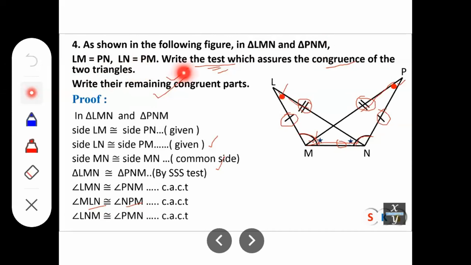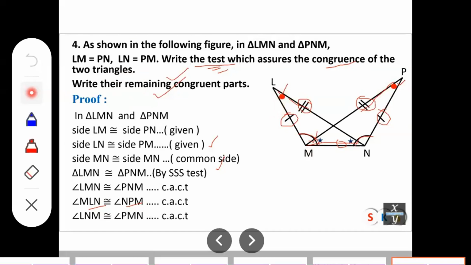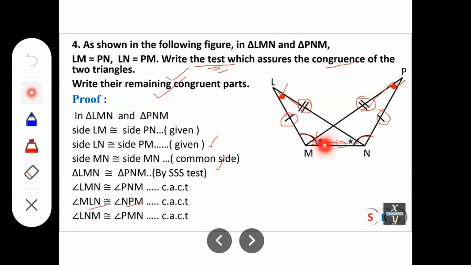So here we have to write the test which assures the congruence of the two triangles. Which will be the test here? See the marking already done: angle L is congruent to angle P, and this angle is congruent with this angle.